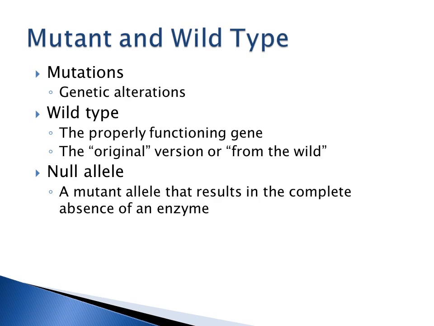However, if that gene mutates, then it's considered different than the wild type. So you get a mutation or a genetic alteration. A null allele is a mutant allele that results in the complete absence of protein, and proteins very often are enzymes.